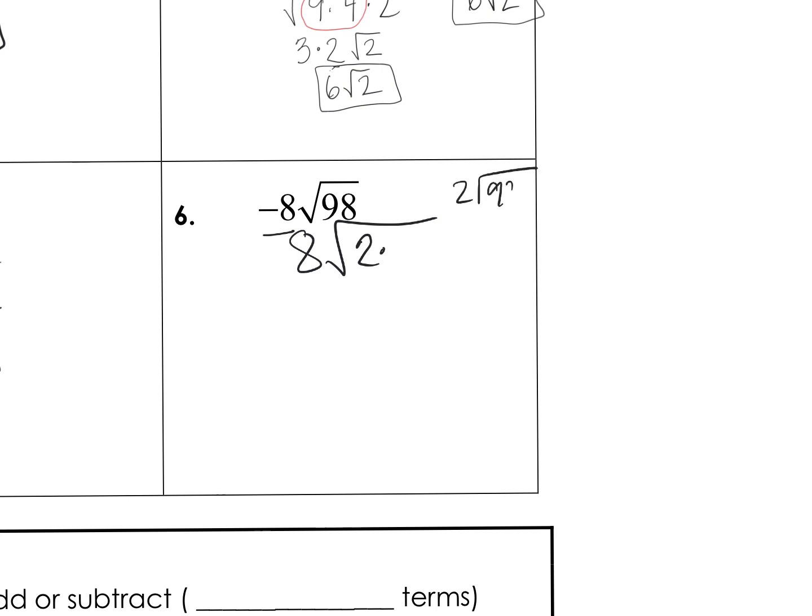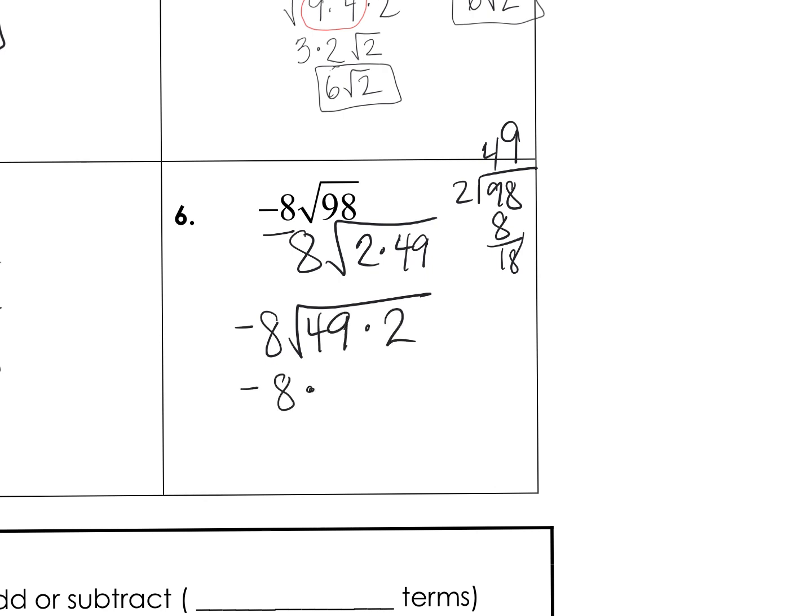So 2 into 98 is 49, oh, good. Let me rearrange that. I put the perfect square first, and so then I get -8 times the square root of 49, which is 7, times the square root of 2. So we get -56 root 2.